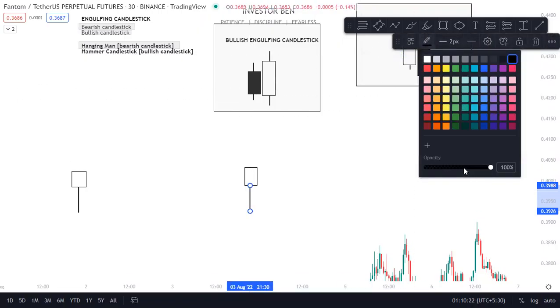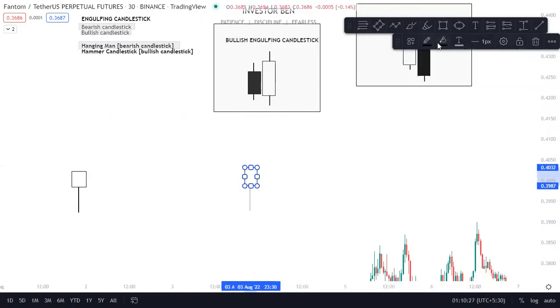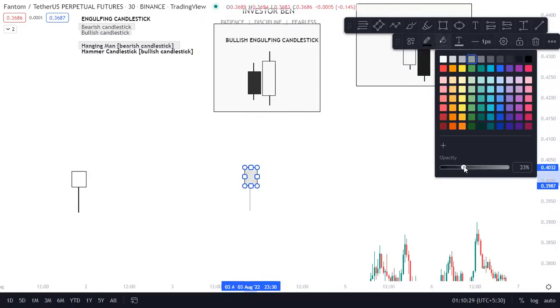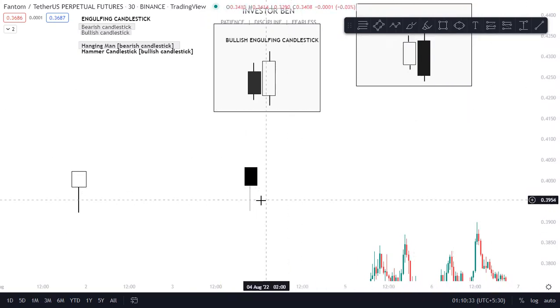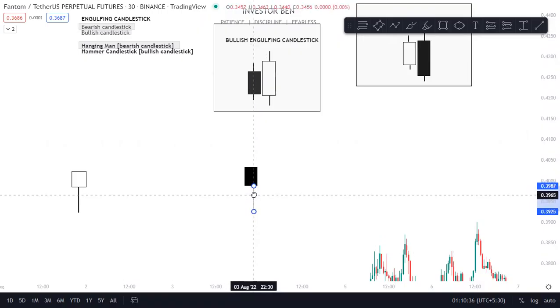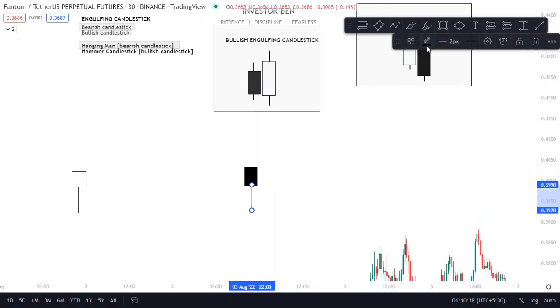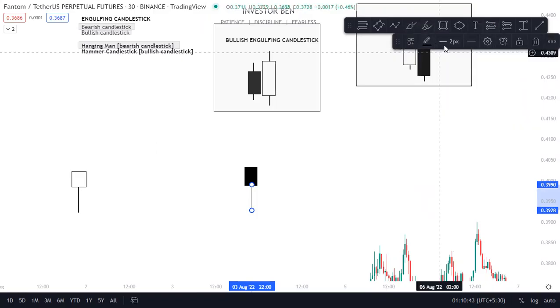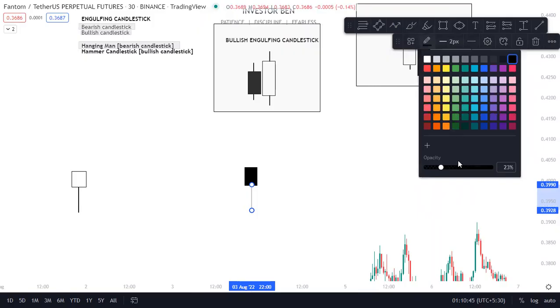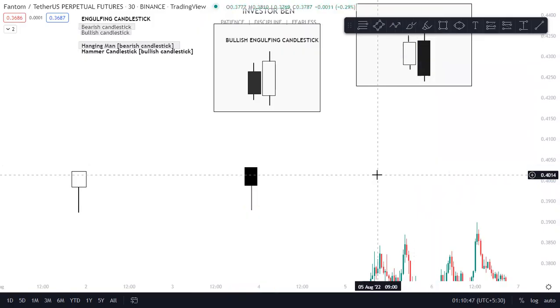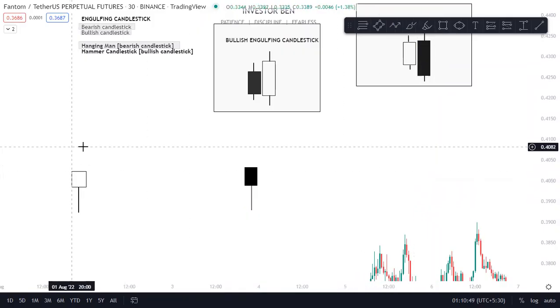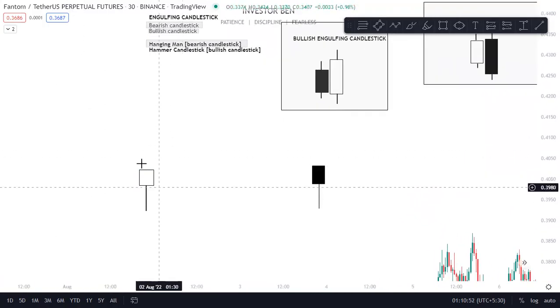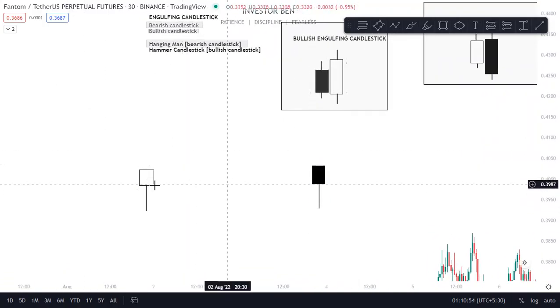But now let's make the color. Okay, this is for the two, right? This one is the hanging man, this one is the hammer. They are the same, right?